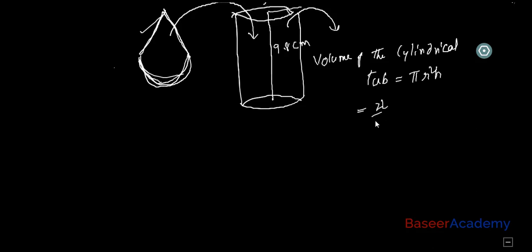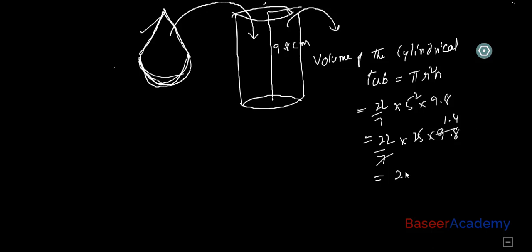Volume of a cylinder is pi r square h, right? Value of r is 5, the value of h is 9.8. So 22 by 7 into 5 square is how much? 25. 25 into 9.8. 7 1s are 7. 8 9 2 is remaining.